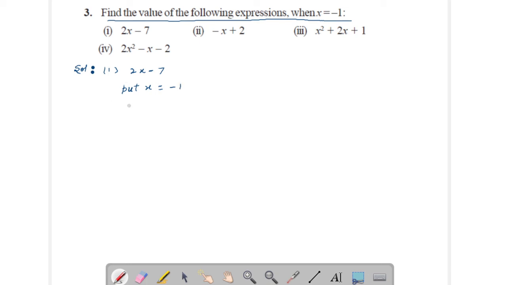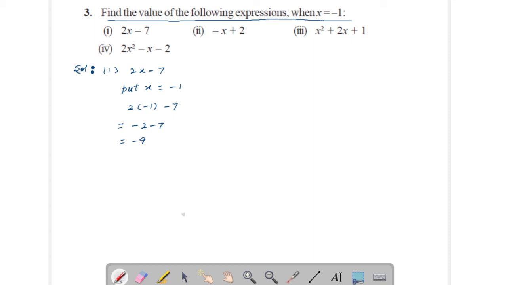You will get 2, replace x by minus 1, minus 7. What will get? 2 into minus 1, it is minus 2 minus 7. Solve this. Minus 2 minus 7, it is minus 9. This is your answer.